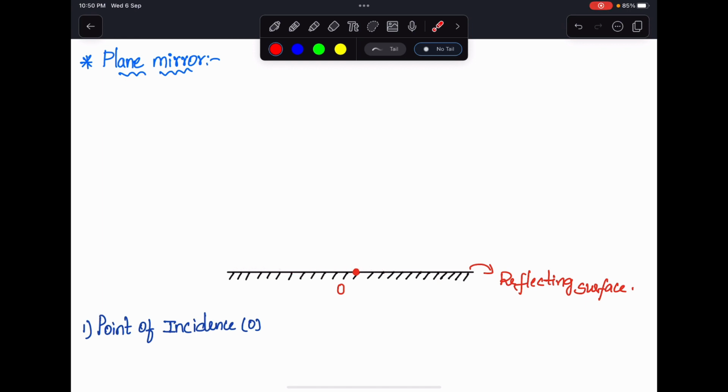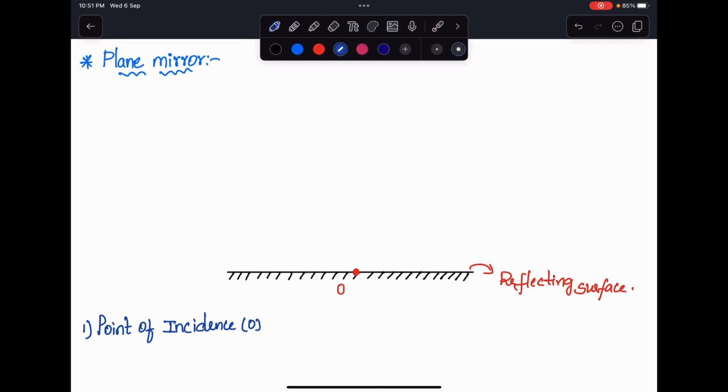Any point on this plane mirror where a light ray is incident is what I call the point of incidence. It means the point where the light ray is incident on the mirror, or the reflecting surface, is called the point of incidence.